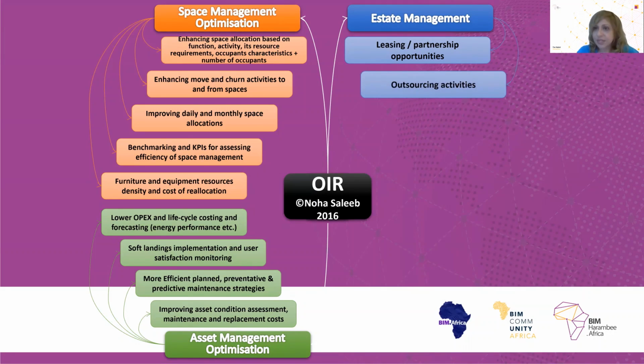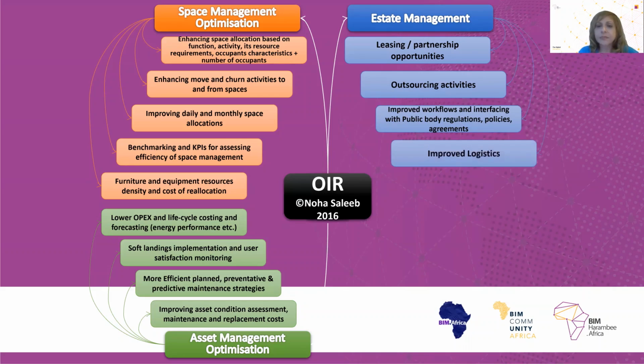Maybe outsourcing certain activities, outsourcing the facilities management, or outsourcing some particular activities that are happening within the assets themselves. Improving the workflows with professional bodies and public bodies. Improving the logistics themselves. Waste management, as we mentioned before.